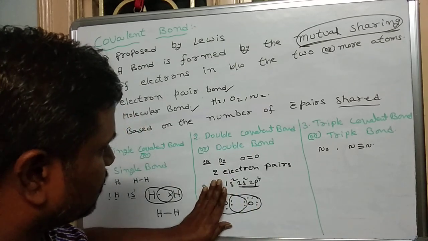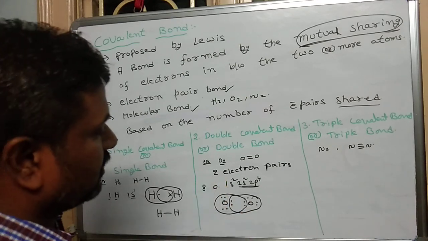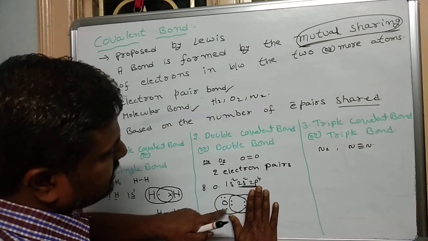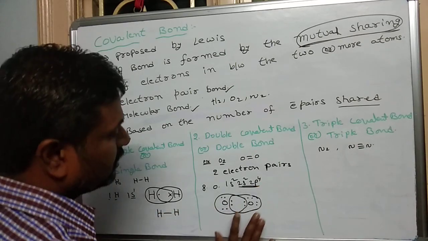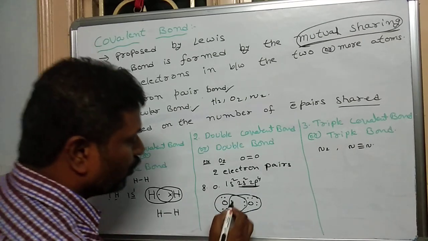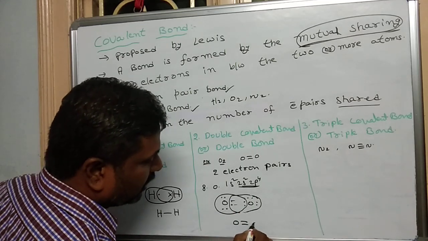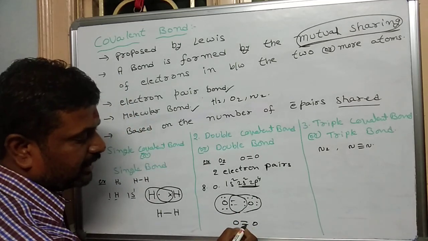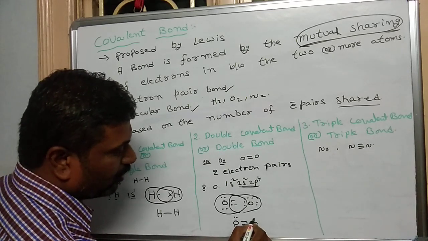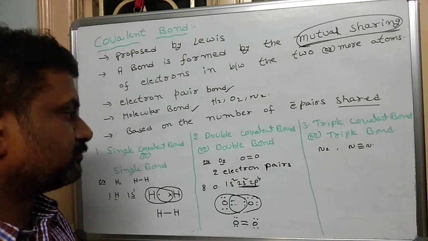Observe, this oxygen atom has 6 electrons plus these 2 electrons makes 8 electrons. Here only 2 electron pairs are shared between the 2 atoms, so that is called a double bond. The remaining electrons are not involved in the bond formation. These are called lone pairs.